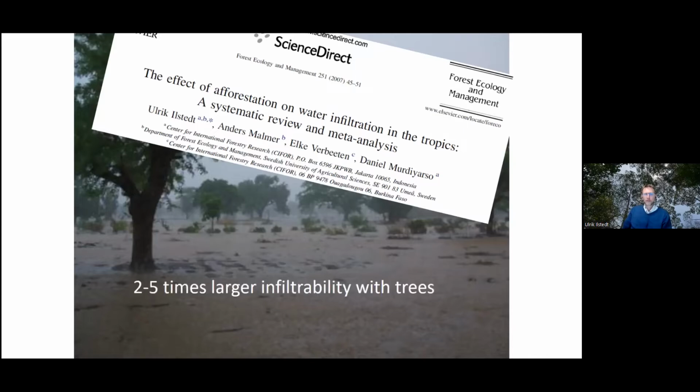And the conclusion is that these studies that have been done indicate that it's about 2 to 5 times more infiltrability when we put trees on the land than if we have agriculture without trees.